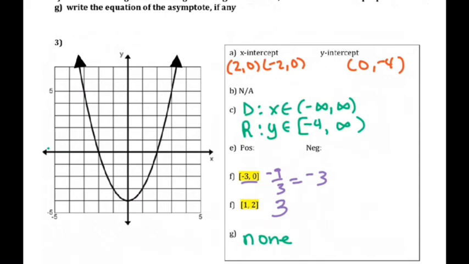Now as far as highlighting the positive and negative, the positive, remember, is above the x-axis, so these are positive. And the negative is going to be below the x-axis, so that's the negative part. So in order to tell what the interval is with respect to the domain, get your little guy walking on the sidewalk.